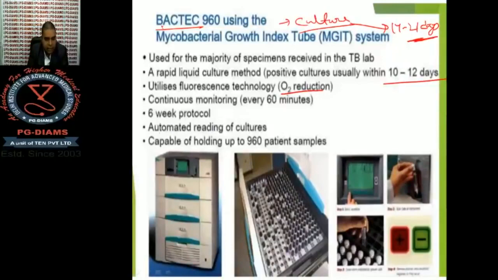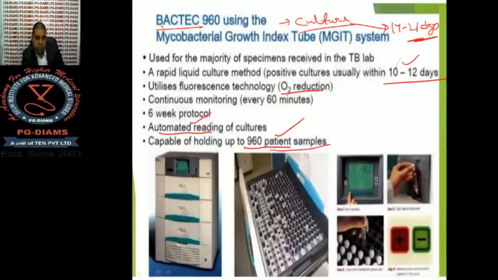Again, the reading is automated by computer, so there are fewer chances of error. And it can hold 960 patient samples at one time, rather than culture, which is done for an individual patient. So it's better than culture because of three things. One is that it is automated. Second is that it can detect 960 samples at one time. And third is that it takes only 10 to 12 days.